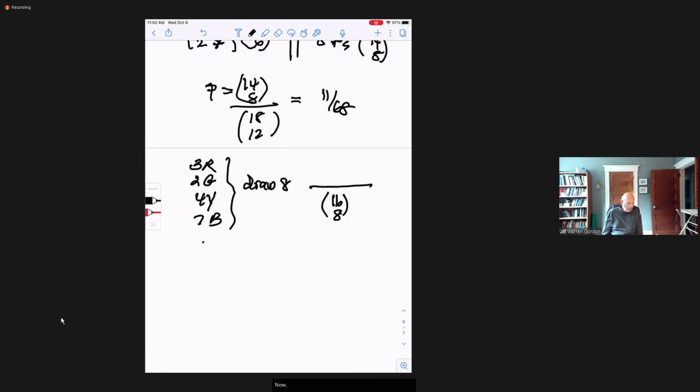Now, if I want 1 red, from the 3 red, I choose 1. And I wanted 1 green. And I wanted 1 yellow. And the remainder are going to be black. So by the multiplication principle, there's the numerator. And then whatever this is, you can work it out.